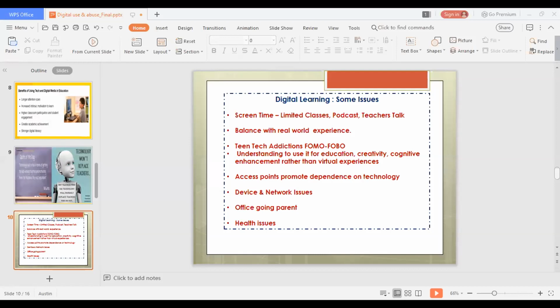Addiction of teens with technology, like FOMO and FOBO. We were aware of this concept also, fear of missing out or fear of being alone. But we made them understand that we should use it for education, creativity, cognitive enhancement rather than virtual experiences.